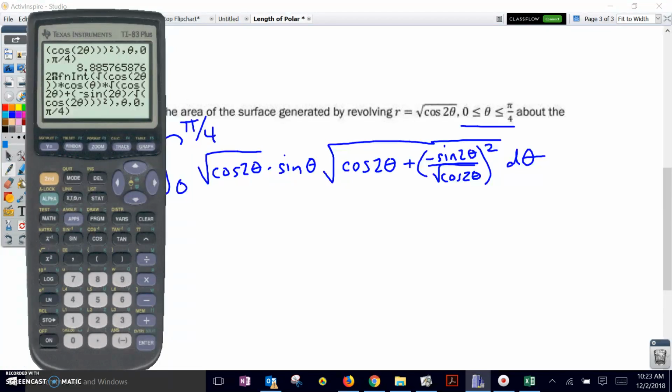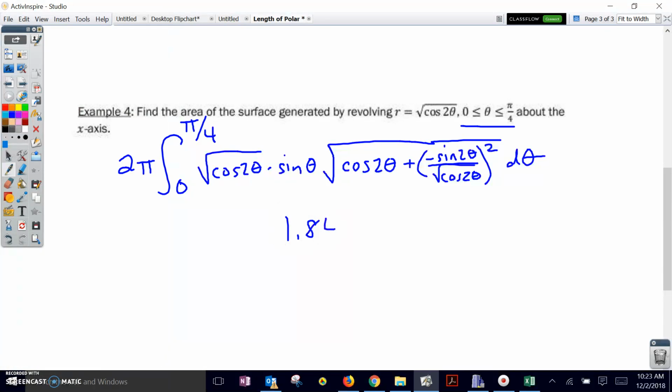This should be 2 pi times the integral of square root of cosine of 2 theta sine of theta times the square root of cosine of 2 theta plus that quantity squared with respect to theta from 0 to pi over 4. And so the surface area of this region ends up being 1.840. Alright, that's the end of example 4 and the end of this lesson.